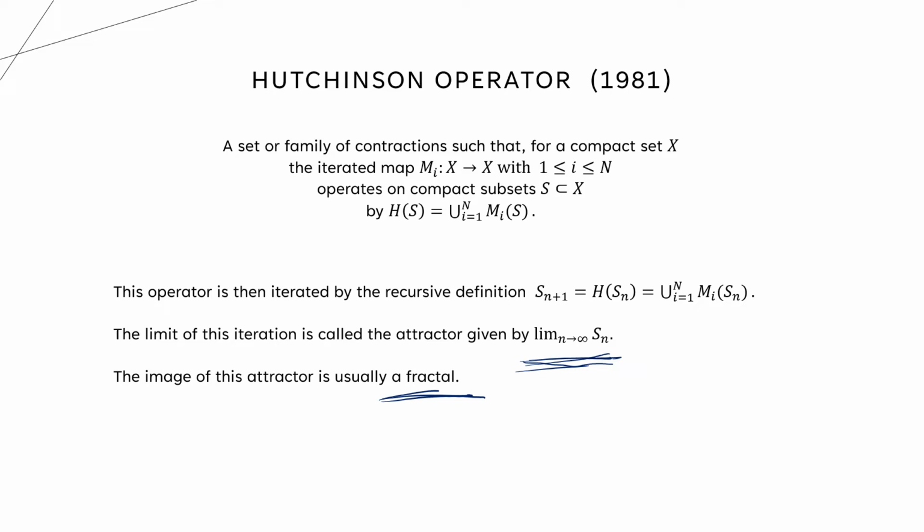But when we go a little bit further, we can talk about dimensions of those things. Because if you think about it, when we were looking at the Cantor set, for example, we didn't really discuss what the dimension of that would be.